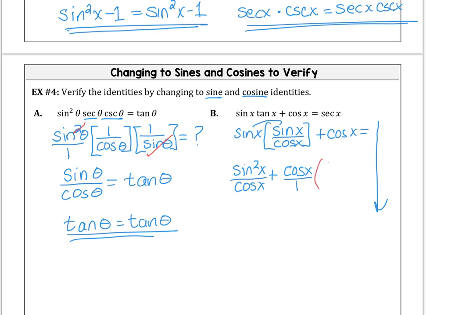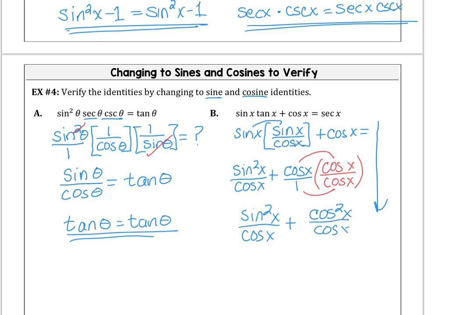So my idea is going to be multiply cosine over cosine times this fraction. That's going to give us a sine squared over a cosine plus a cosine squared over a cosine.